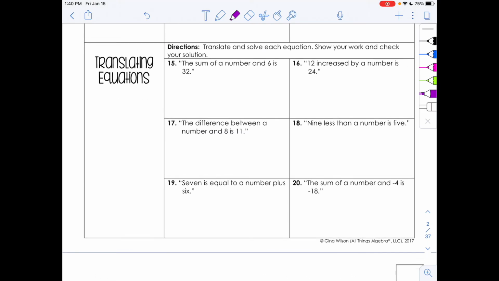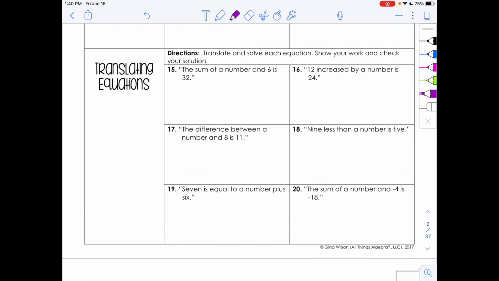So we're going to be doing this same thing, but what we have to do first is to translate it. So number 15 says that the sum of a number and 6 is 32. So our key words here are sum, which we know means to add, a number, so we've talked about that before, that's our variable, so that's x, and 6 is, we can translate that as an equal sign, and then 32.